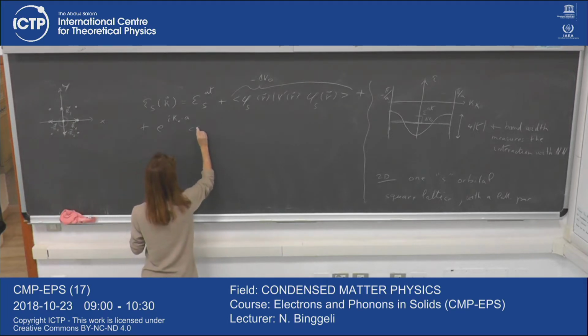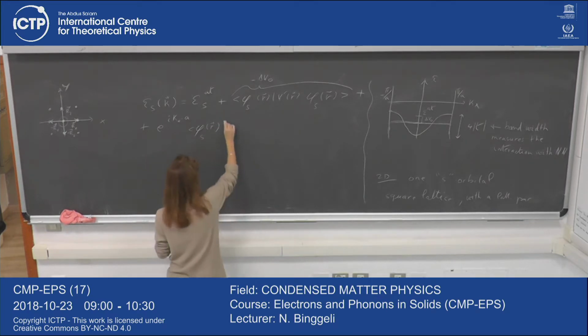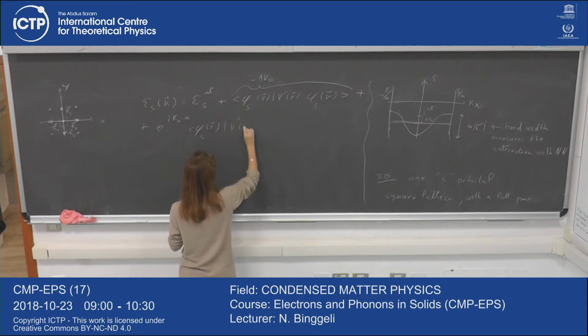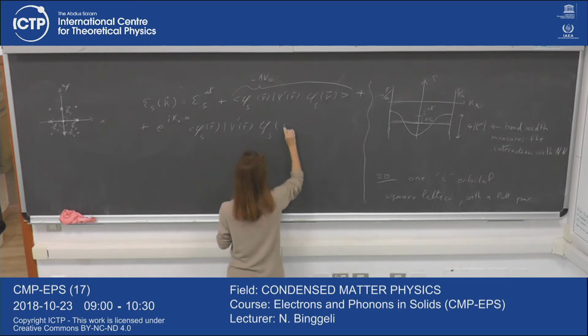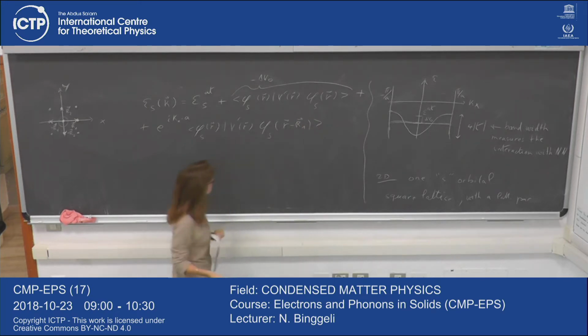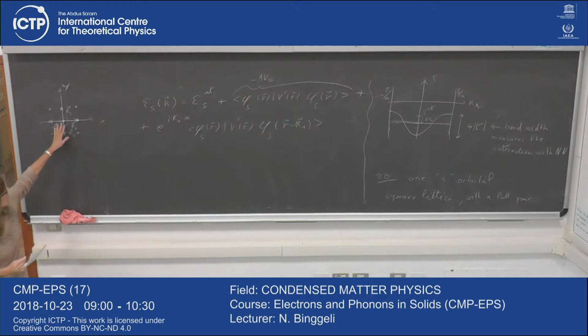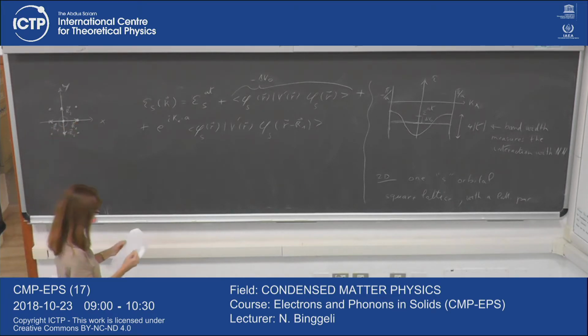Then I have the matrix element phi S for the orbital at the origin, V prime, the crystal field, times the orbital at the position R1, the nearest neighbor at the position R1. So this is the contribution for this neighbor R1.